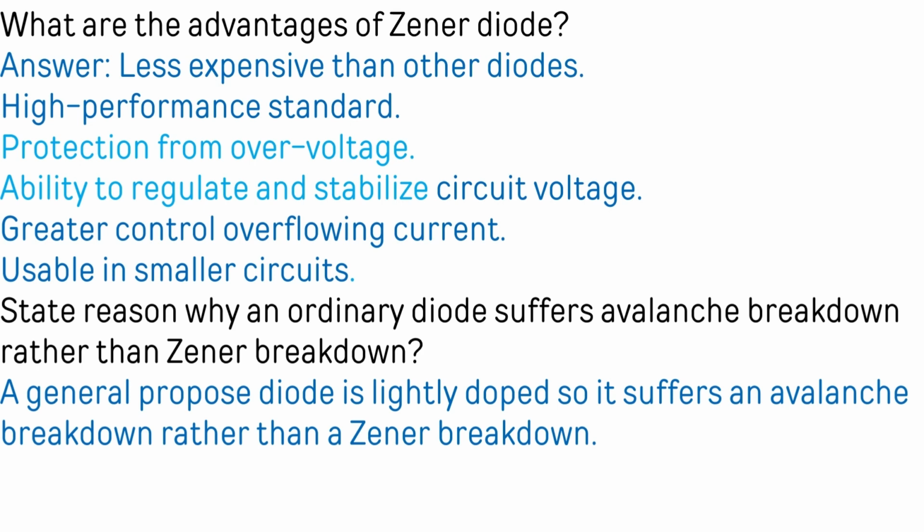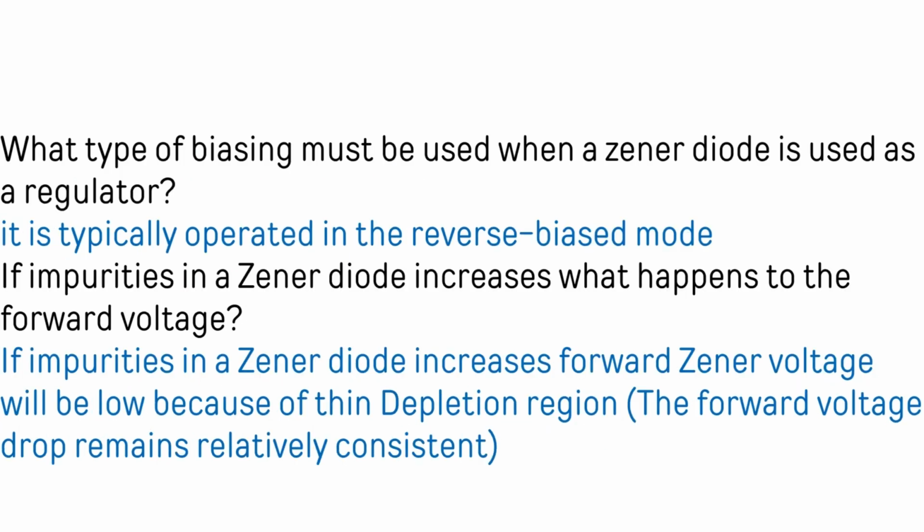State the reason why an ordinary diode suffers from avalanche breakdown rather than Zener breakdown. A general purpose diode is lightly doped, so it suffers from avalanche breakdown rather than Zener breakdown. What type of biasing must be used when a Zener diode is used as a regulator? It is typically operated in the reverse bias mode.